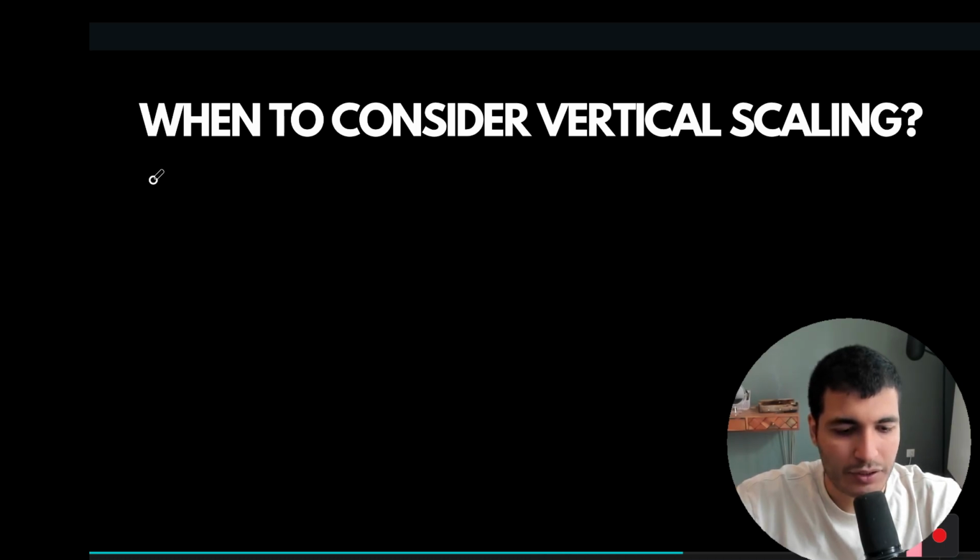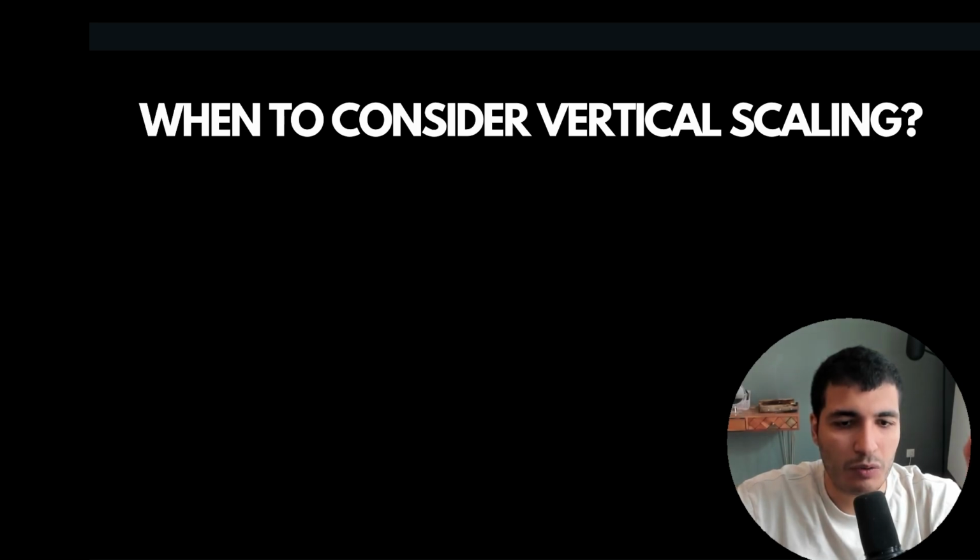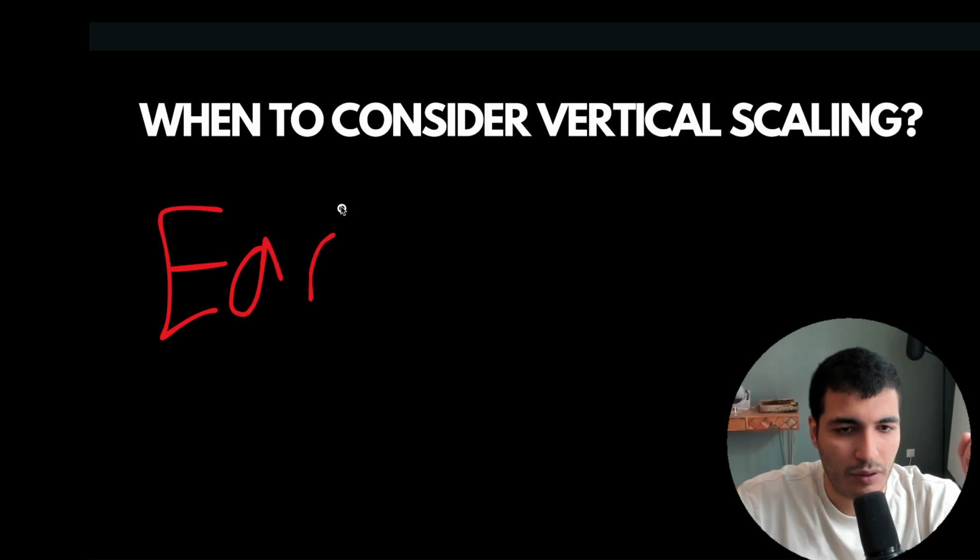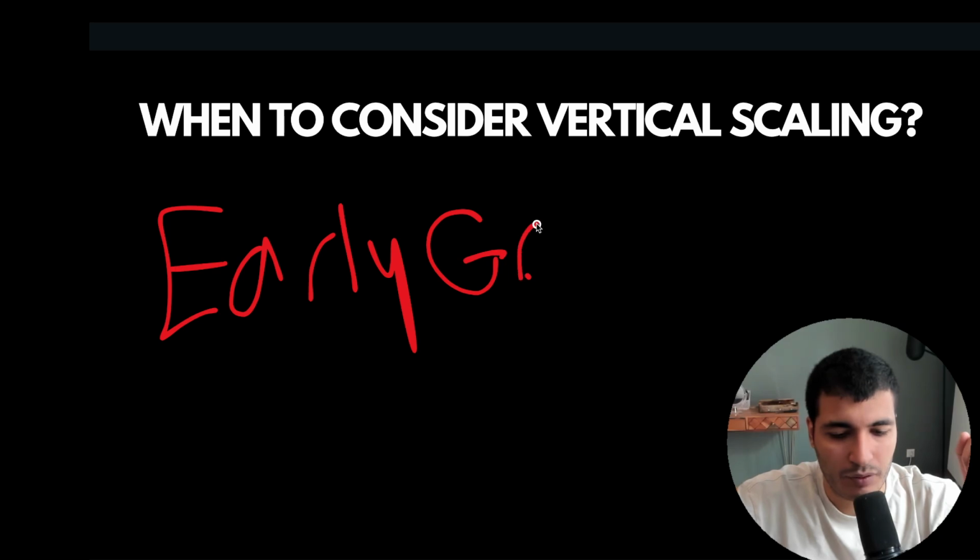Okay, next, when to consider vertical scaling. I would say you use it first in your early growth stage. It's often a great first step when your application is starting to grow and you need a performance boost without introducing the complexity of distributed systems.